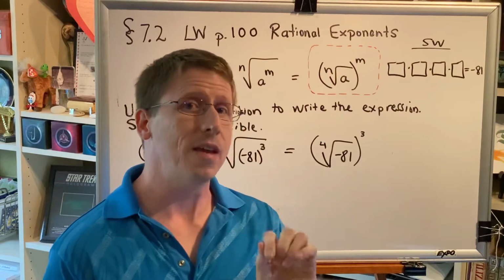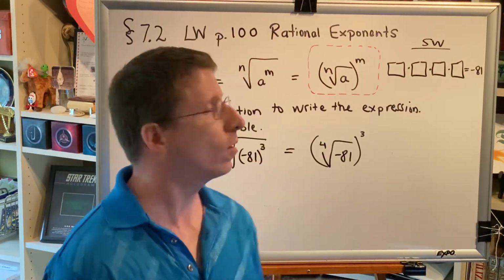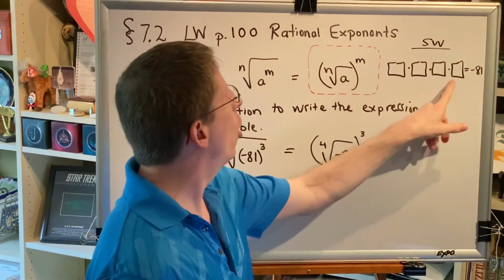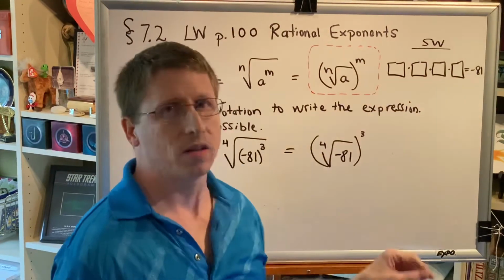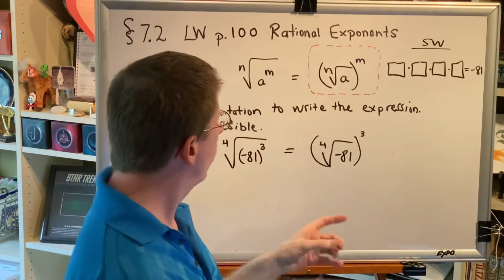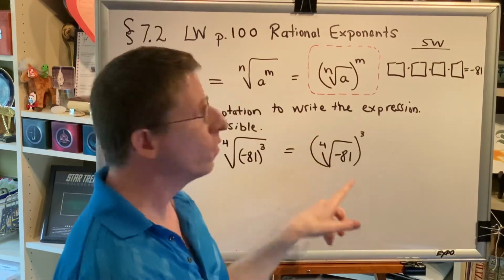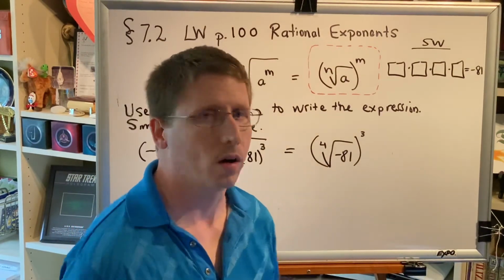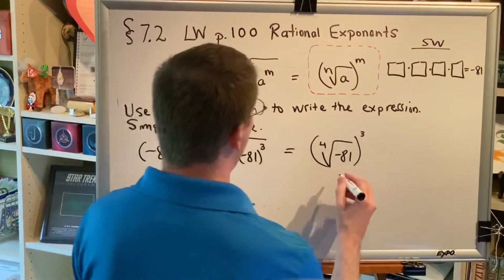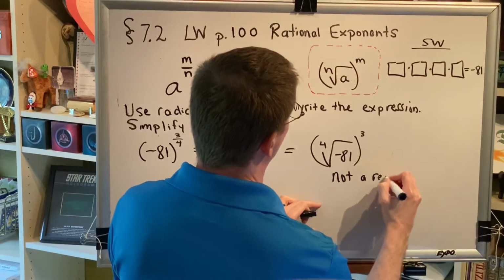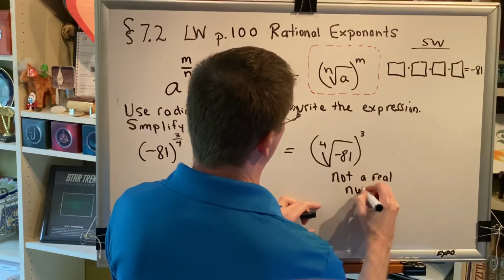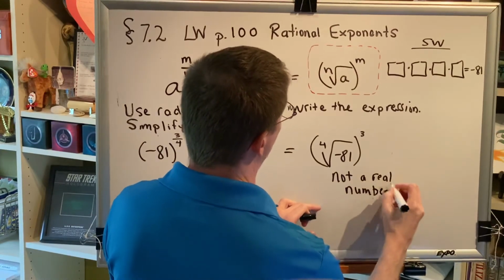In other words, an even number of negatives creates a positive. So, there is no real number that I can put in all 4 of these boxes that makes this statement true. From this, we conclude that the 4th root of -81 is not a real number, and therefore, we can stop immediately and conclude that our final answer is not a real number.